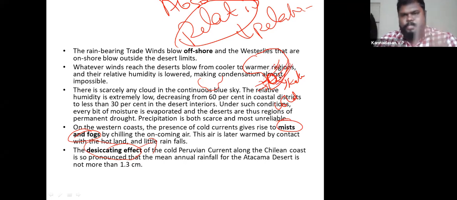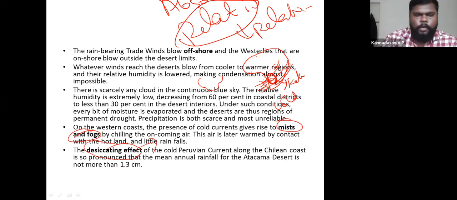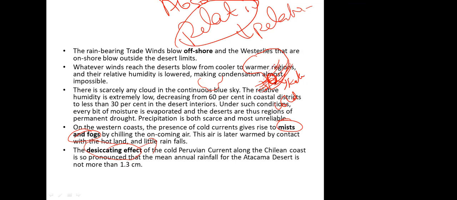Even if some wind escapes and enters the desert region, it absorbs whatever remaining humidity is available in the region. Since it is cold, when it enters a hot region, it becomes warm. When it becomes warm and expands, the little humidity left in the atmosphere will get absorbed. This is called desiccating effect.